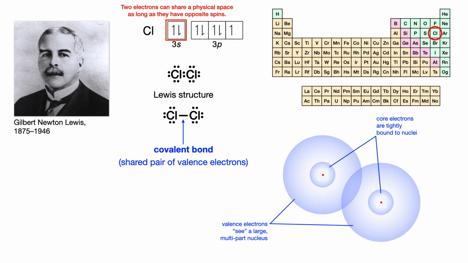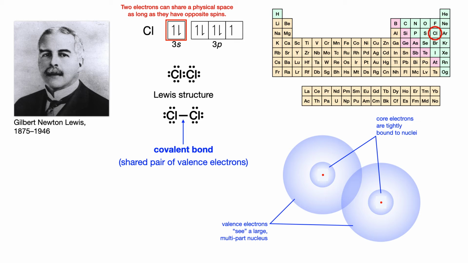And so that's the same sort of picture here. You can have 2 electrons that are sharing the space between 2 atoms, as long as they've got opposite spins. And so you can have a pair of electrons being shared, and that shared pair of valence electrons is what we mean when we speak of a covalent bond.